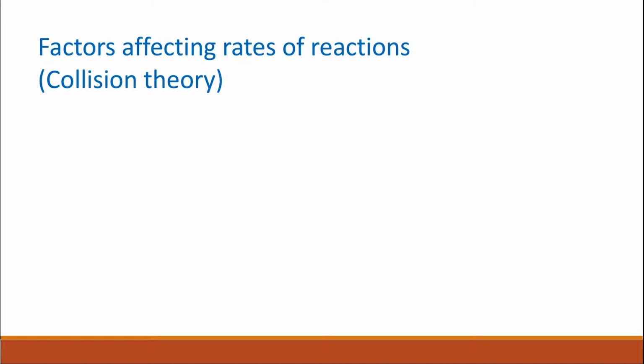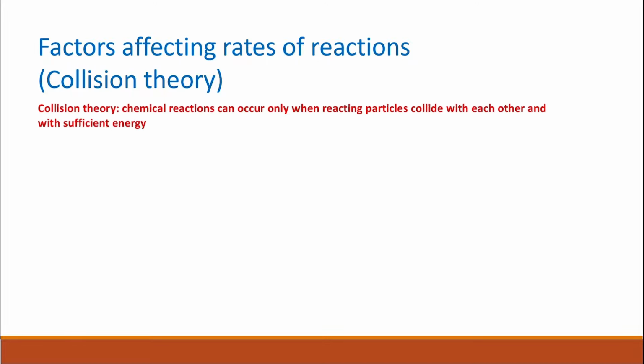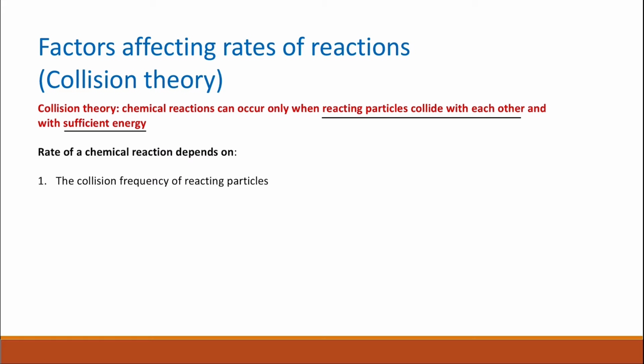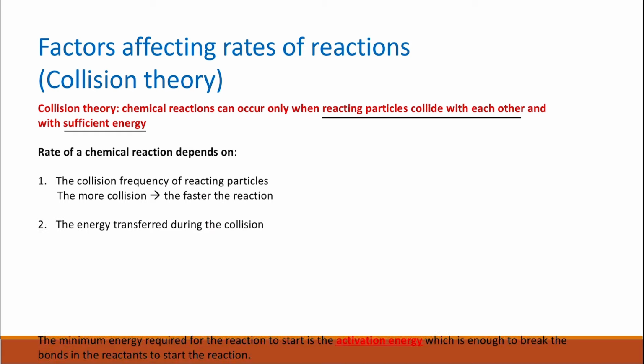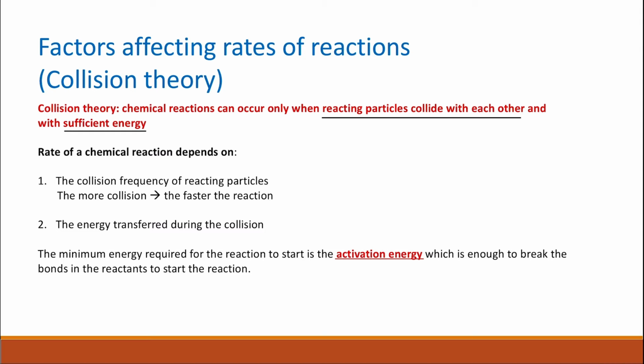There are some factors that affect the rate of the reaction. According to the collision theory, a chemical reaction can occur only when reacting particles collide with each other and with sufficient energy. So any factor that will increase the rate of collision, or would increase the energy with which particles collide, will increase the rate of the reaction.